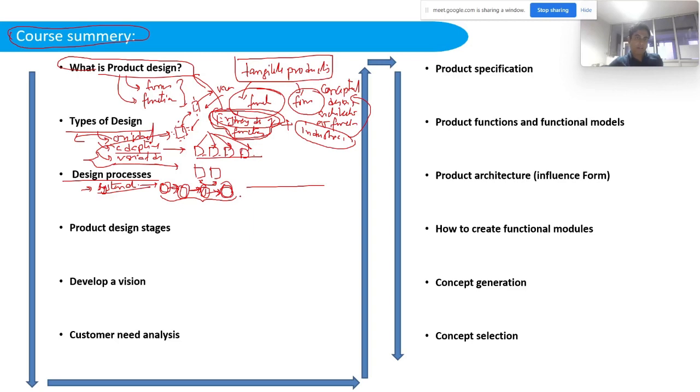So here we learned two things. One process we learned was stage gate, which is basically for product design processes, and says that a design process can be broken down into stages, and there can be a check gate at every stage.